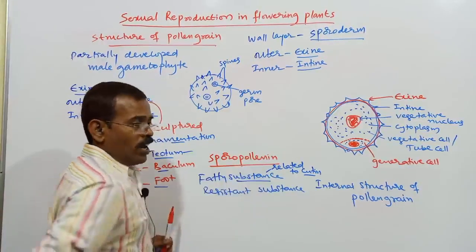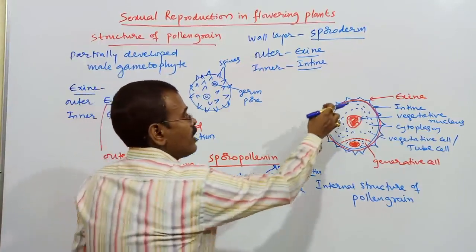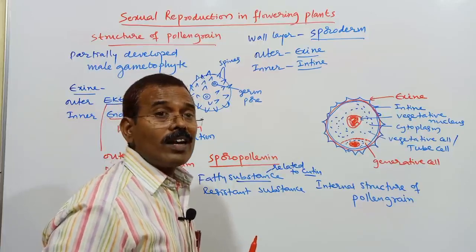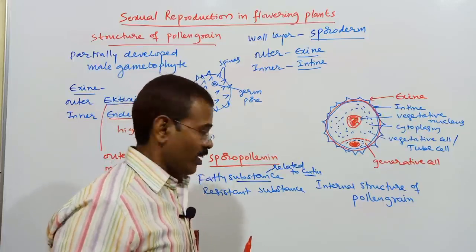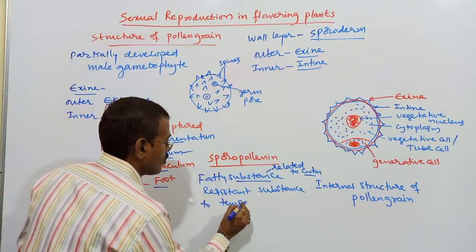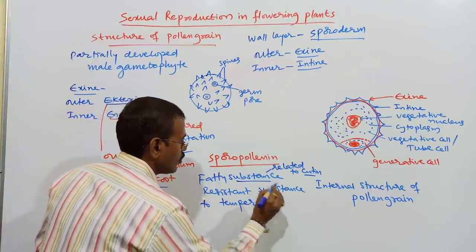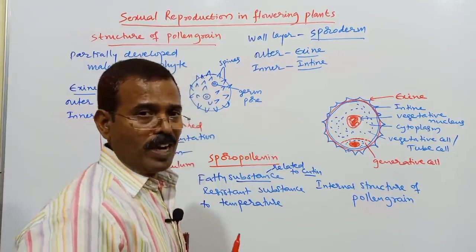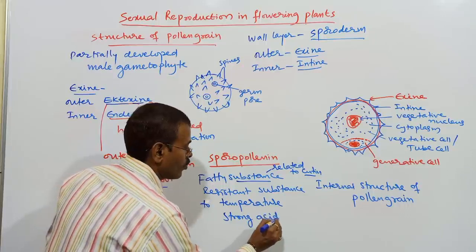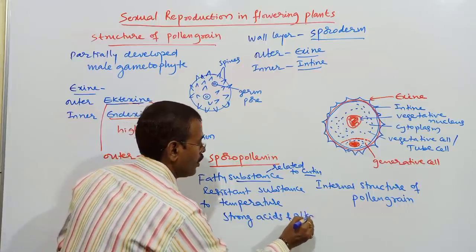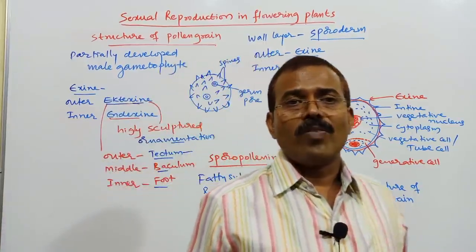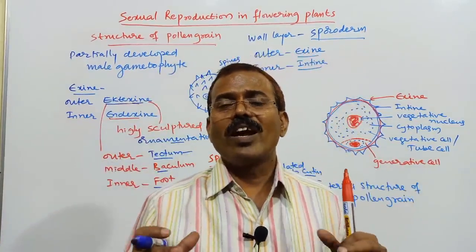This sporopollenin is present in the exine layer. Sporopollenin is resistant to high temperature, strong acids and alkali treatment. As I told, it is one of the resistant organic substances.